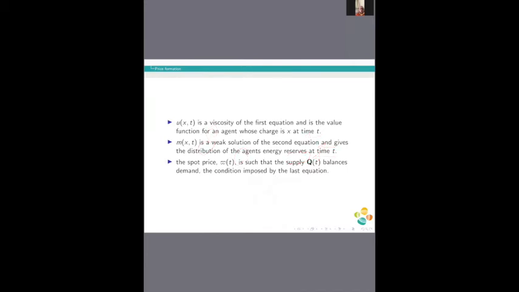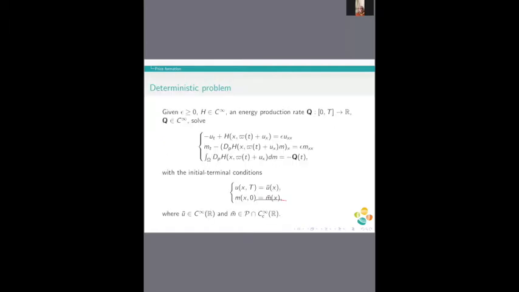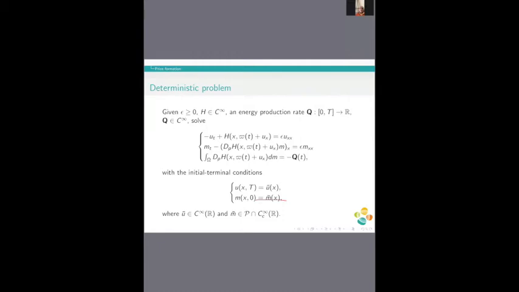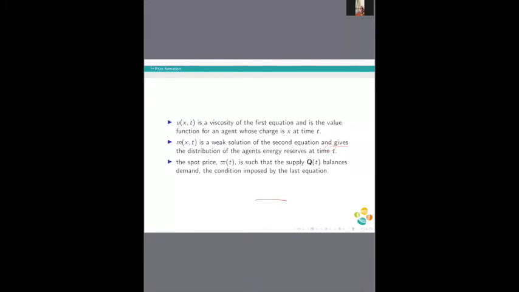Okay, so u is the viscosity solution of the first equation, the Hamilton-Jacobi equation, and is the value function for an agent whose charge is x at time t. m is a solution to the second equation, and it gives the distribution of the agents' energy reserves at time t, and the spot price is such that supply balances demand, and this is the condition imposed by the last equation.